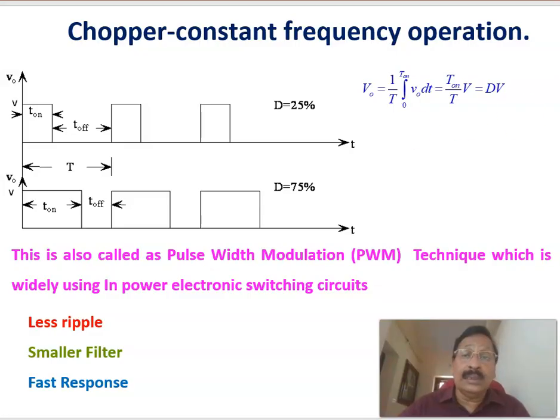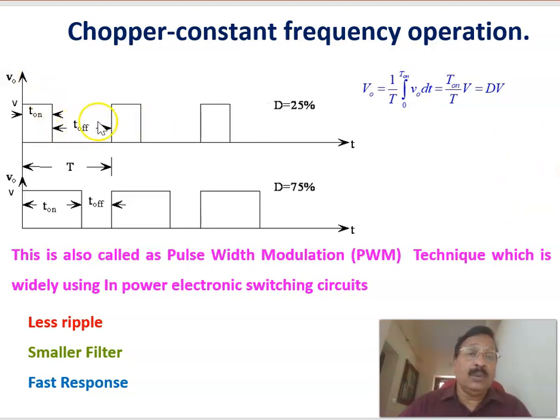Therefore, that is D into V. And if you keep the time period constant and the on period now increases to 75%, the duty ratio is T on divided by T equal to 0.75, and the output voltage is now 0.75 times V.